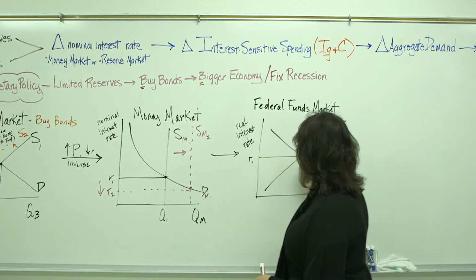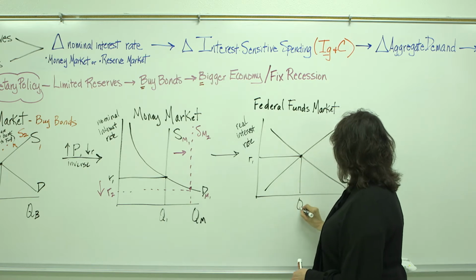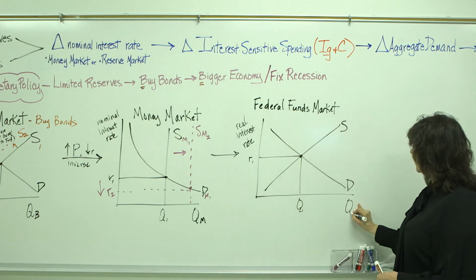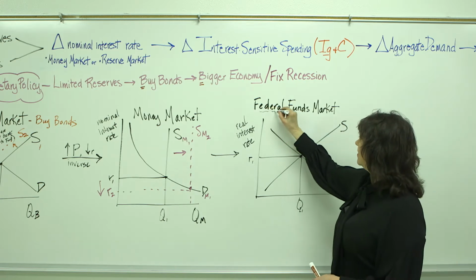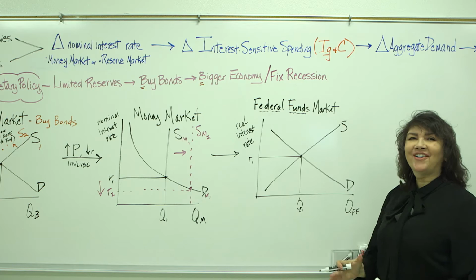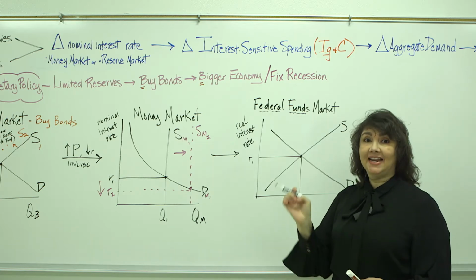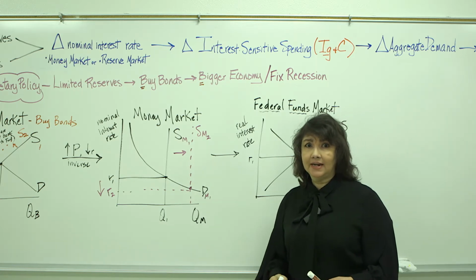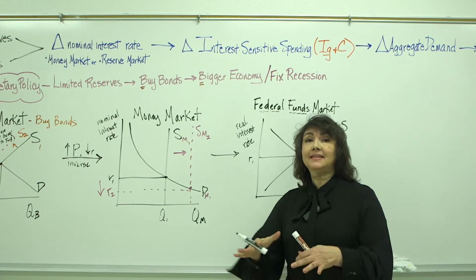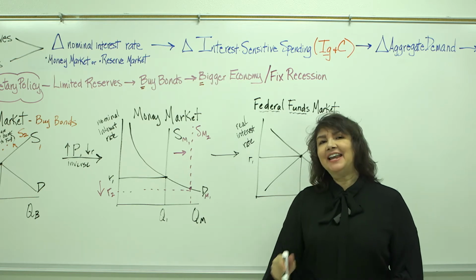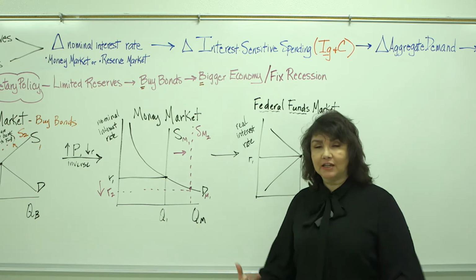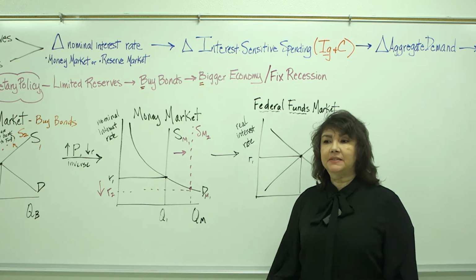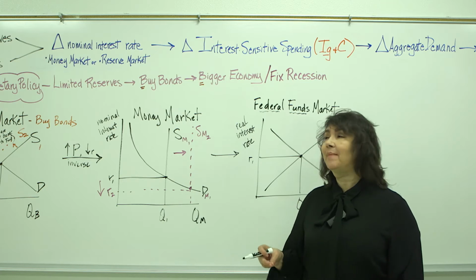So interest rate 1, quantity 1, quantity of federal funds. Recall that federal funds are the funds by law that each banking institution has to keep as cash at the end of the business day. Otherwise, the bank has to, by law, close its doors. It goes out of business. The Federal Reserve doesn't want to see that happen.